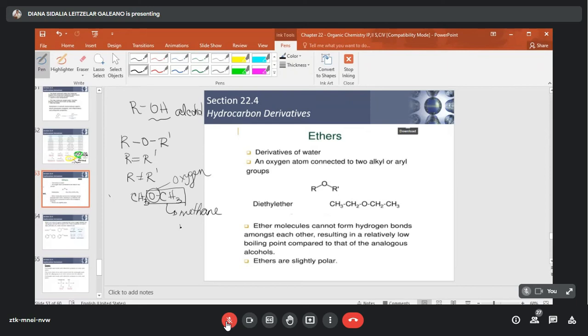So the name will be methoxy. The other part, name as a single substituent. Alkyl group for one carbon is methyl.